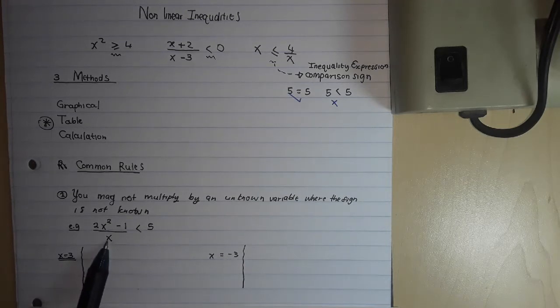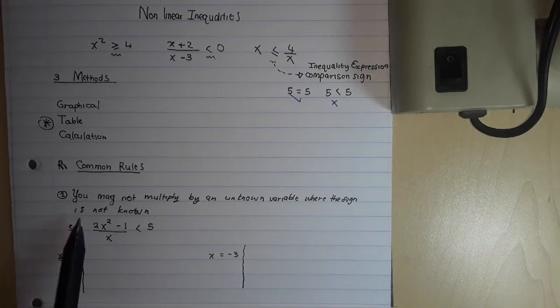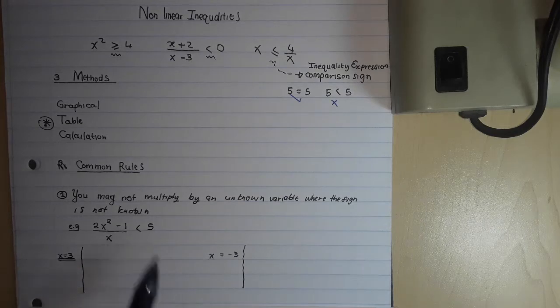We want to see whether it has an impact if we multiply by an unknown variable, because x here, if we agree, can be both negative and positive. So we want to understand why we take this as a rule. Why wouldn't we multiply by an unknown variable, or specifically in this example, why wouldn't we multiply by x on both sides?